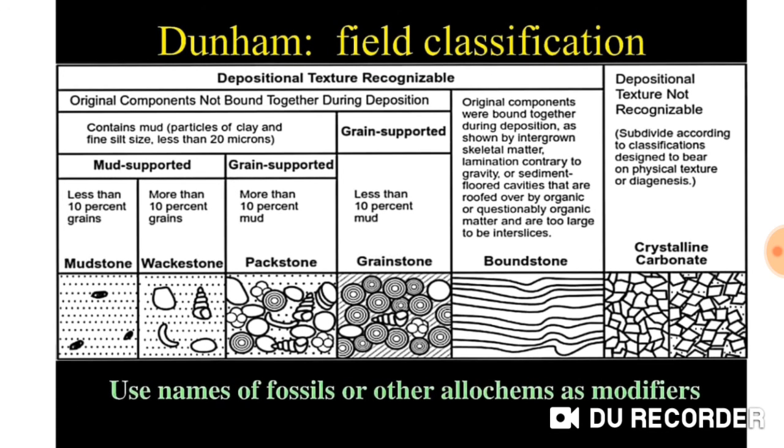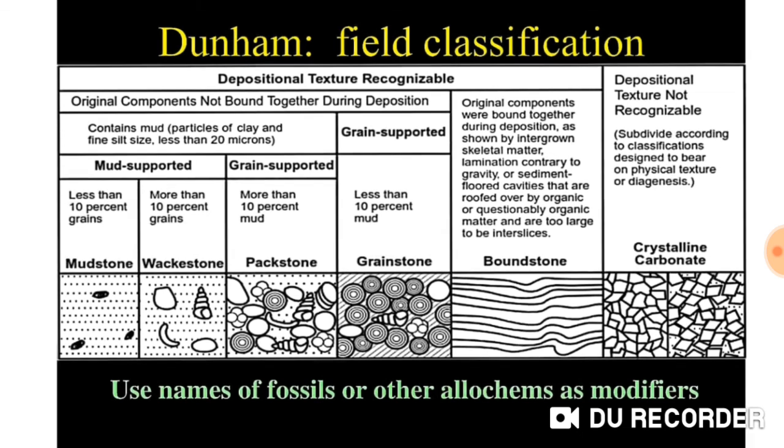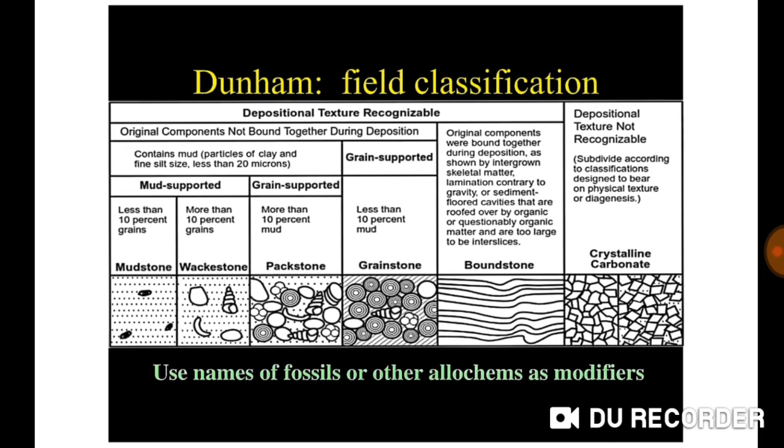If the rock is mud supported and consists of less than 10% grain, then it is a mudstone, and if the rock is mud supported and consists of more than 10% grain, then it is a wackestone. If the rock is grain supported and consists of more than 10% mud, then it is a packstone, and if the rock is grain supported and consists of less than 10% mud, then it is a grainstone.